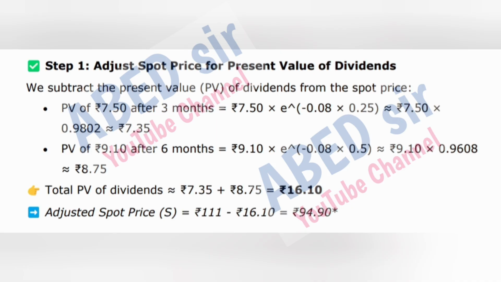Total PV of dividends, 7.35 plus 8.75, is equal to 16 rupees and 10 paise. Adjusted spot price S is equal to 111 minus 16.10, which is equal to 94.90.